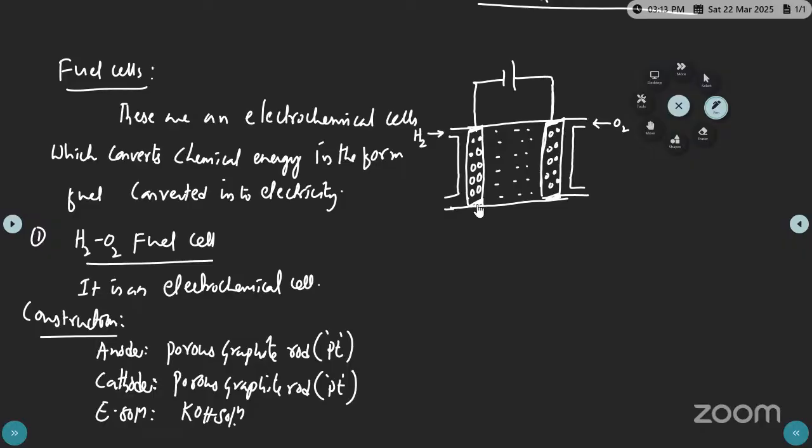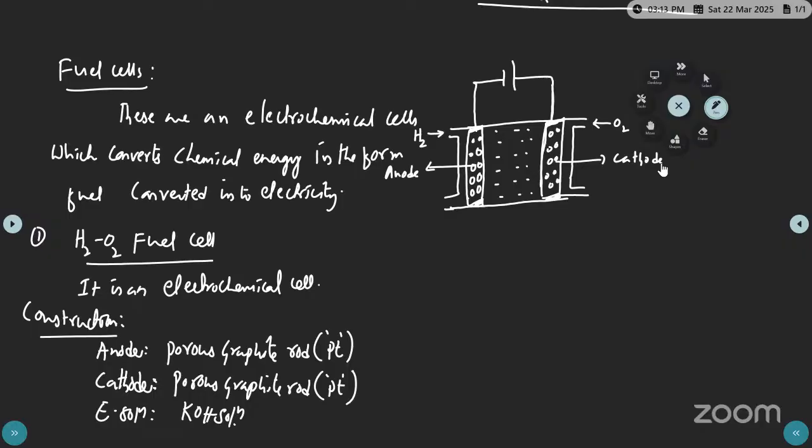Hydrogen oxygen fuel cell. See, ఇక్కడ ఏం చేస్తున్నాం చూడండి. Here this is the anode, and through the anode we are bubbling the hydrogen gas. And through the cathode we are bubbling oxygen gas.